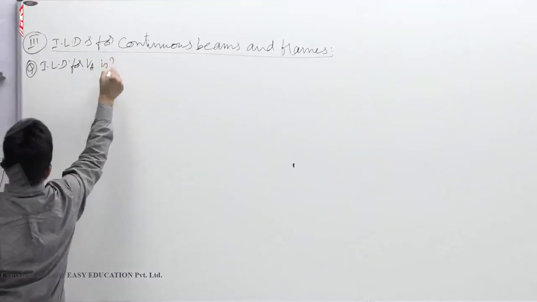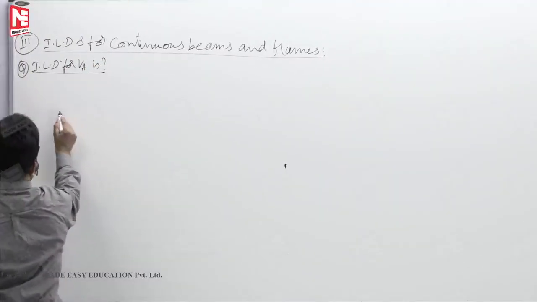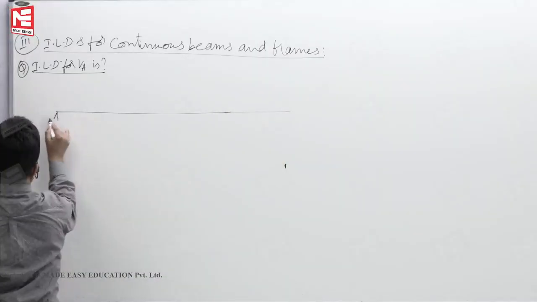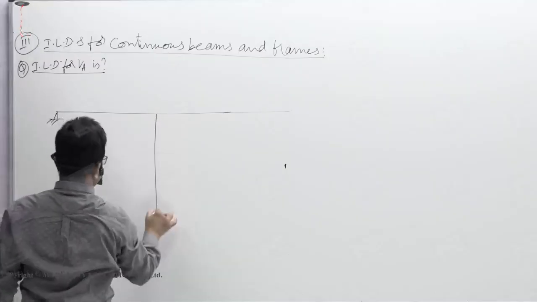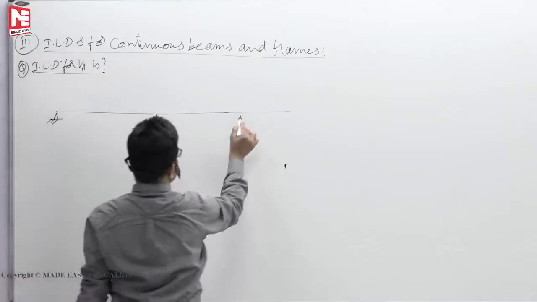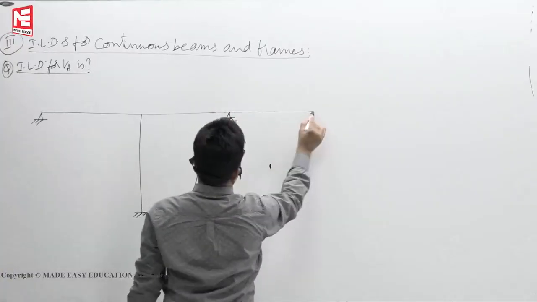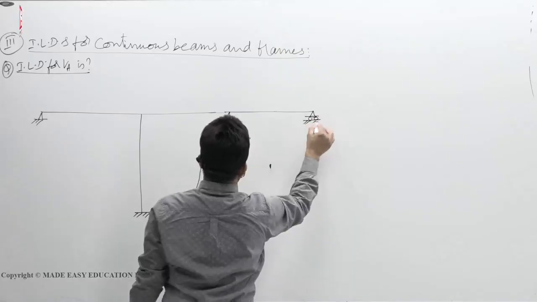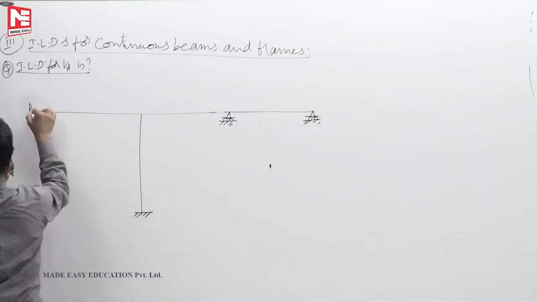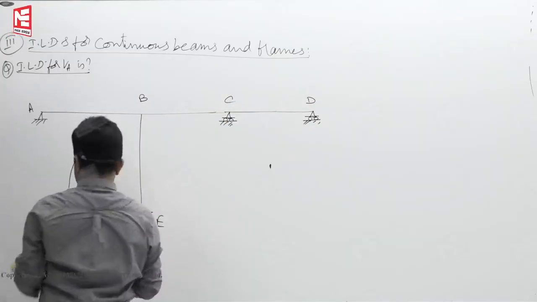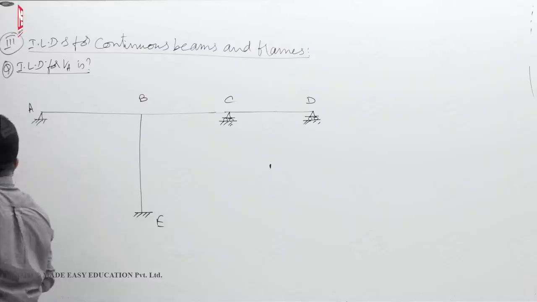Let us see ILD for VA. Now assume that we have this frame A, B, C, D, E. Some span is given. ILD for VA we want.